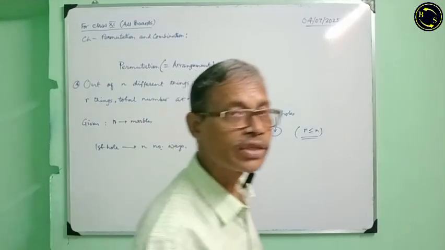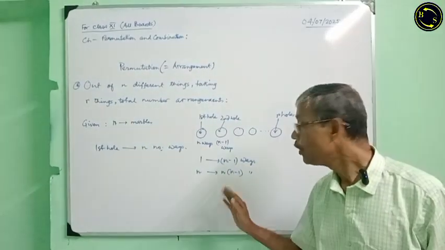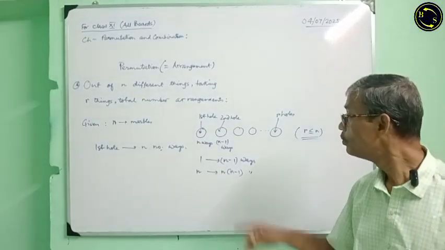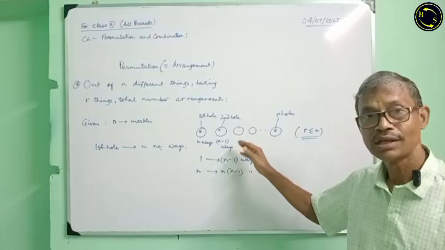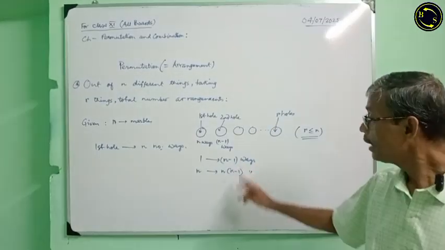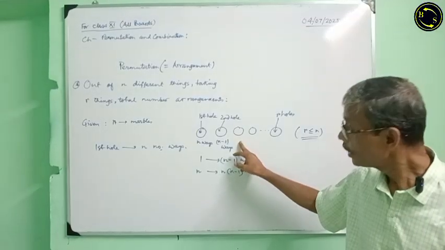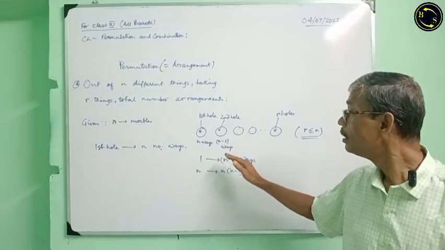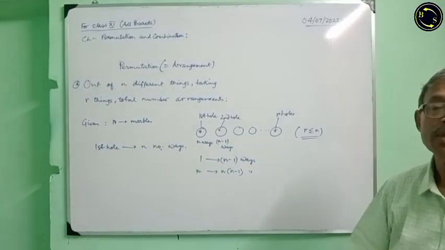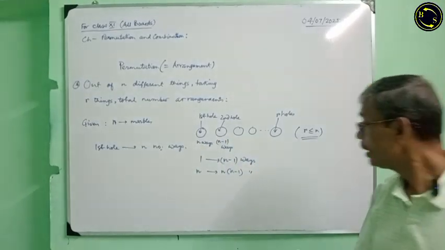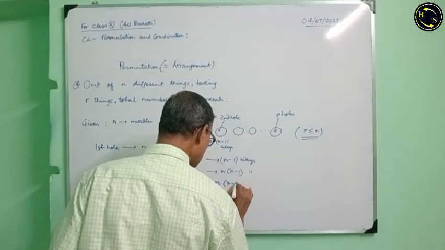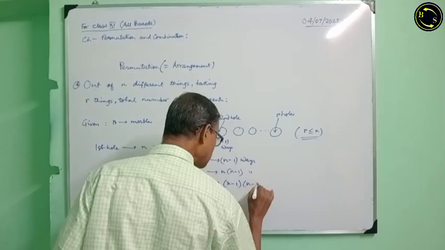Now, after filling the second hole, you have n minus 2 marbles. Now, the third can be filled in n minus 2 ways. Therefore, following the similar argument, the first three holes can be filled in totally n into n minus 1 into n minus 2 ways.